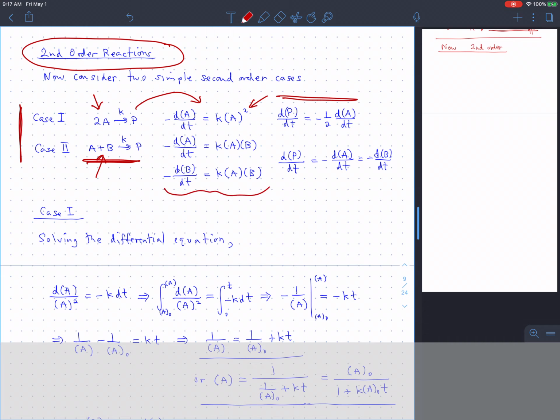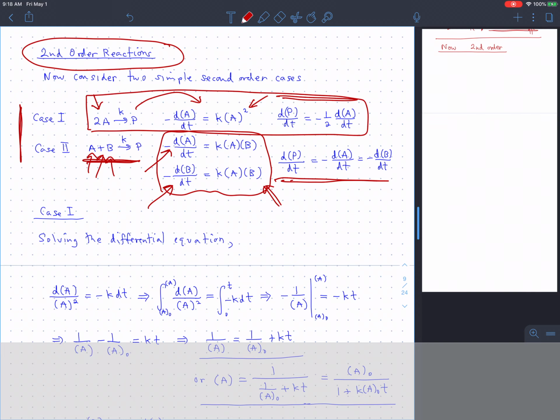The other case is more complicated. There's two rate equations, right? One for each reactant here, A and B, and there's actually one for the product as well. And then there's a set of relationships among three different rates. So this case is more complicated. We'll go through it when we come to it. Let's deal with the simpler case first, which is this upper one here.